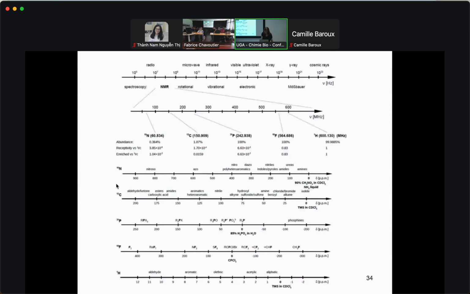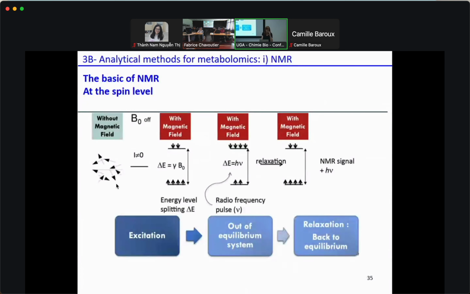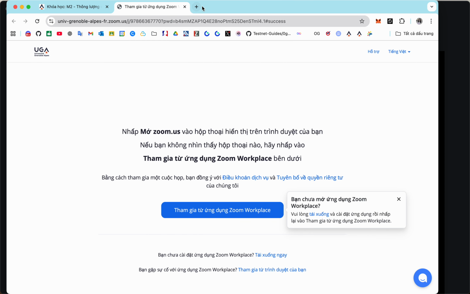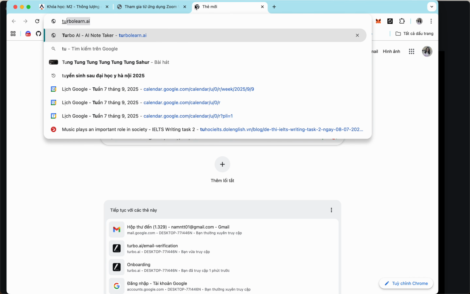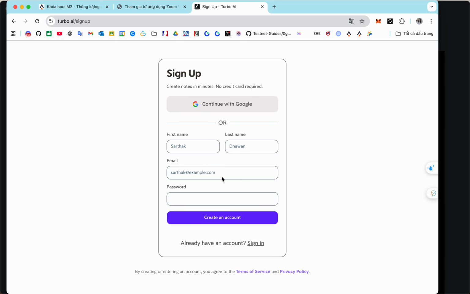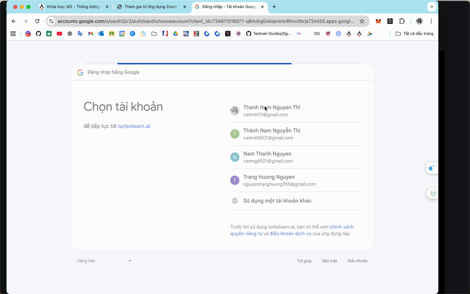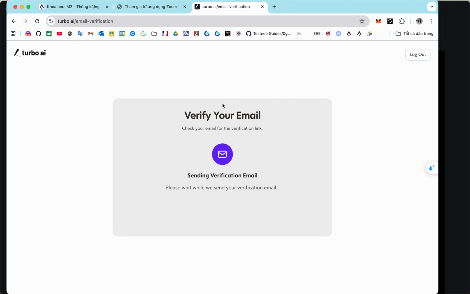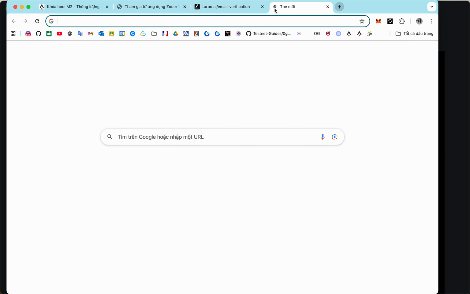A little bit complex, this one. Just the basics of NMR, very basics of NMR. As I told you before, there are some nuclei which have a spin. Without any magnetic field, the spins are not aligned.